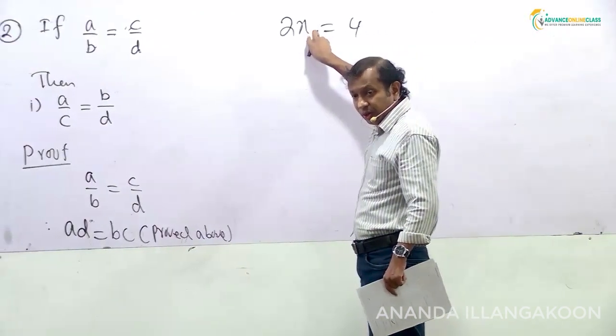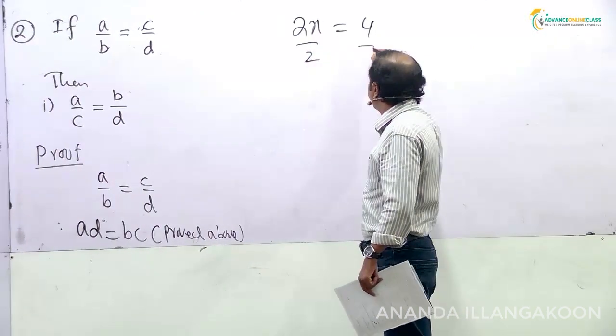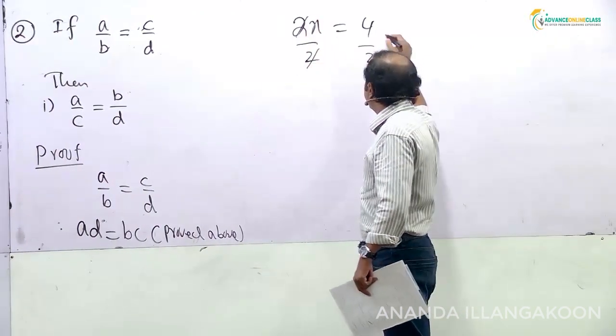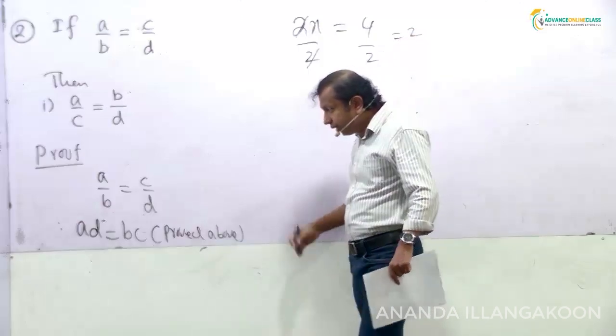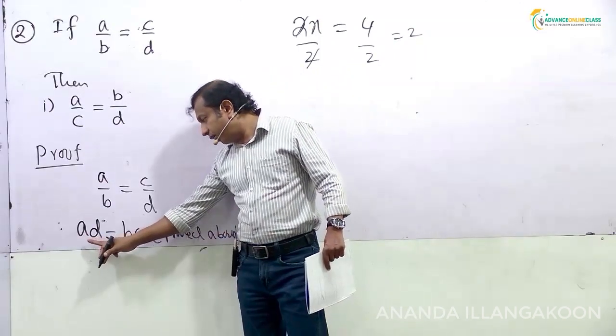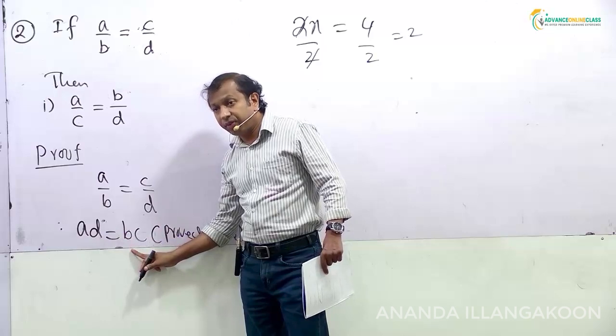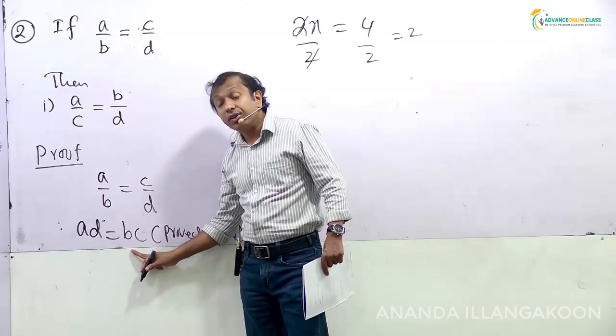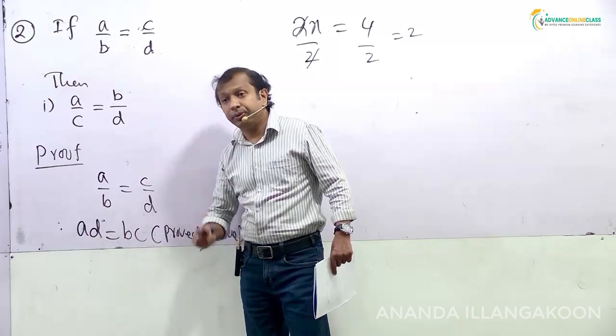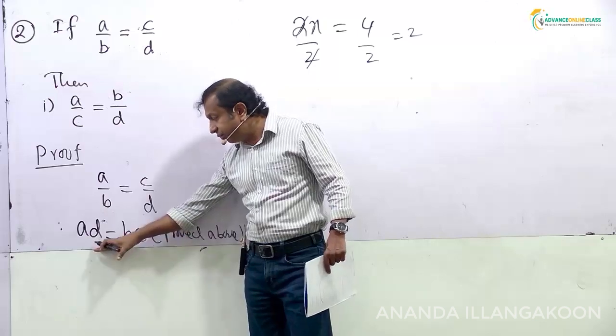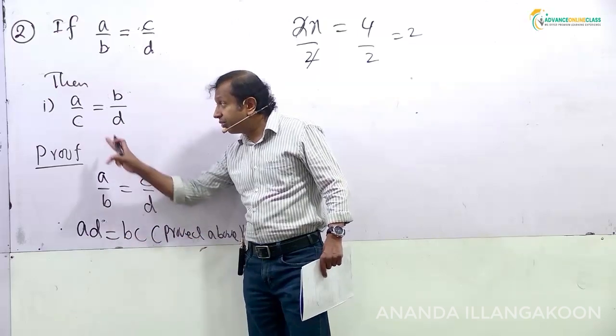We divide both sides by 2, no? By cancelling, we get the answer 2 for x. Using that technique, we divide both the left hand side and right hand side by the CD product. C and D product means a single number. Divide both sides by the CD product and obtain this answer.